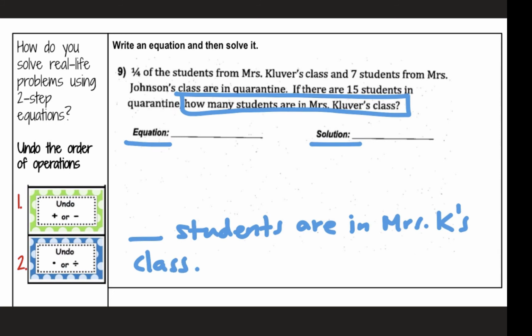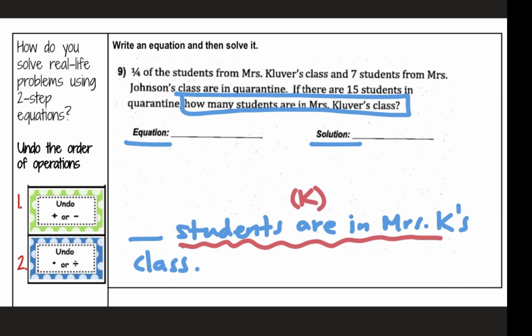So we know the variable above is going to represent students in Mrs. Kluver's class. So let's let K represent that. Let's go ahead and read line by line, look for important operation words and phrases, and important numbers.